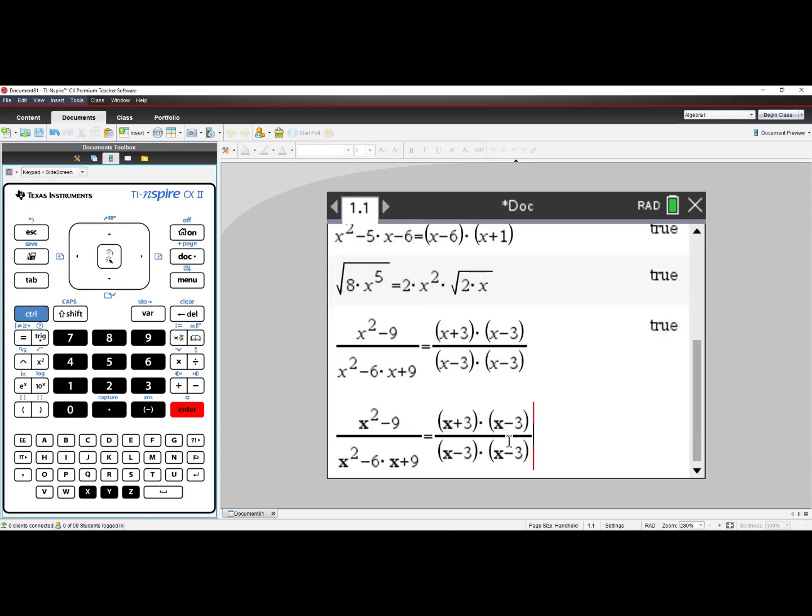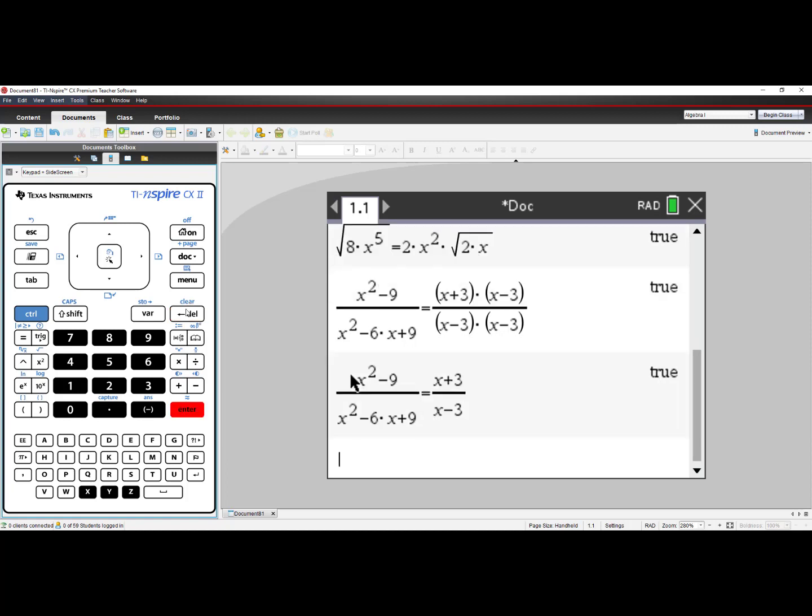I see in both the numerator and denominator an x minus 3. Using my delete key, I can get rid of my x minus 3 in the numerator and one of the x minus 3's in the denominator. When I press Enter, I get the true outcome showing me that I have done the algebra correctly.